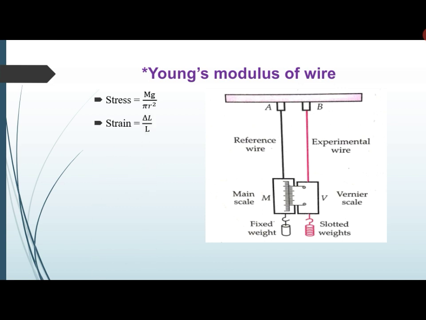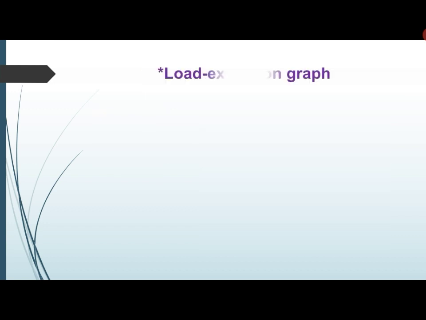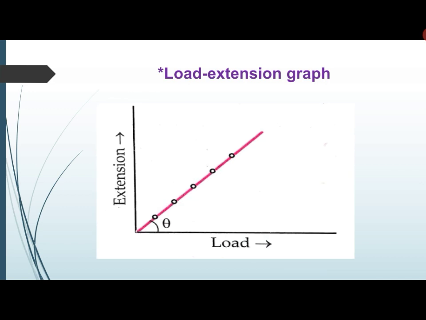Also we know that strain is equal to change in length upon the original length. So we know that the formula for Young's modulus is stress upon strain, and after substituting the values, the Young's modulus for this particular experiment comes out to be L upon pi r square tan theta. Now this tan theta is what we obtain from this load extension graph.